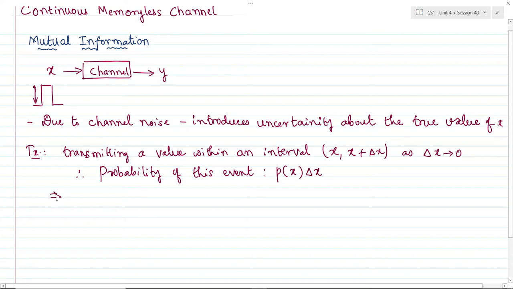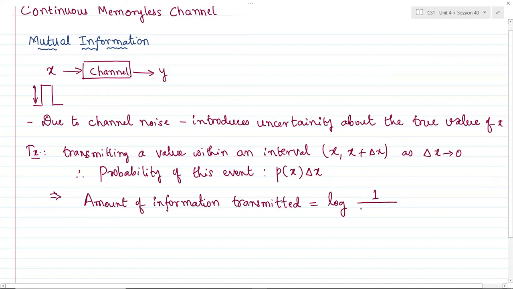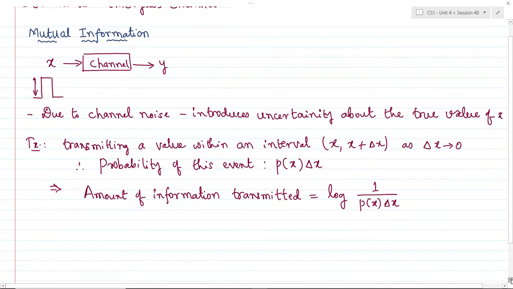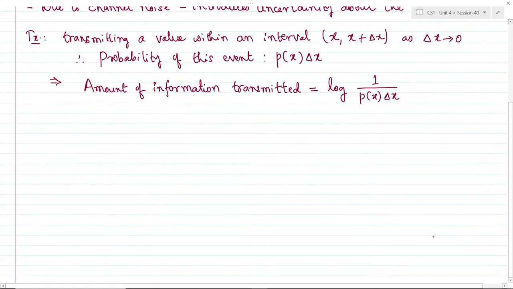So this implies the amount of information transmitted is, by the basic definition of information theory, inversely proportional to the logarithm of the probability itself.